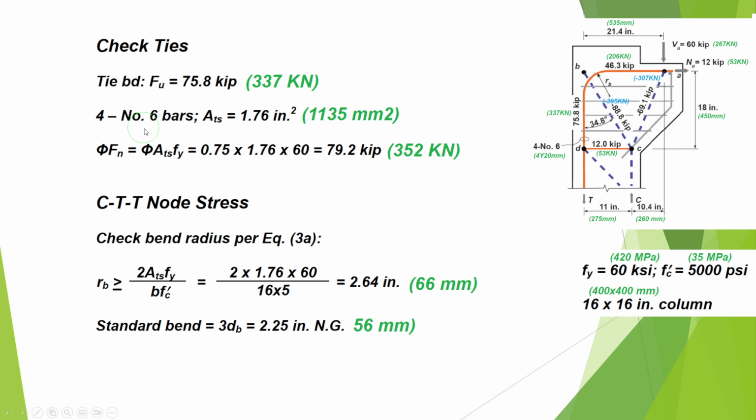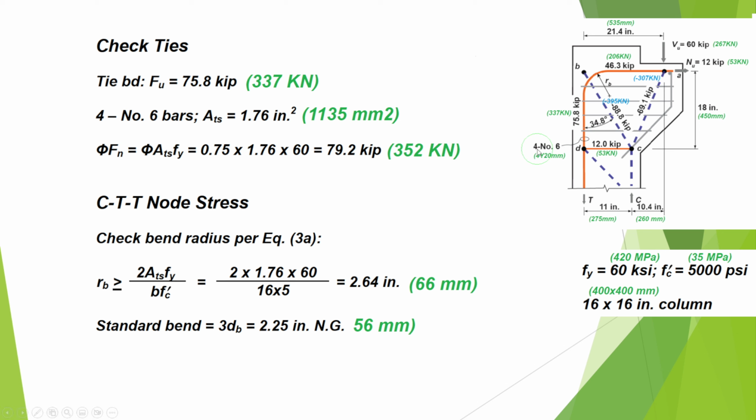First of all, here, as we can see, tie BD, we are talking about BD, this vertical tie. We need to find the area of steel required for this tie. In fact, we have assumed to use four 20 millimeter bars.